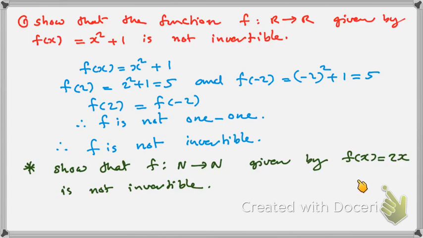If it is bijective, it is invertible. But the question suggests that it is not invertible, so definitely this must be not bijective. So you check for 1, 1 first. If it is not 1, 1, you can write your conclusion straight away that it is not invertible. If it is 1, 1, you will go ahead and check if it is onto. If it is not onto, then you will again say that it is not invertible.